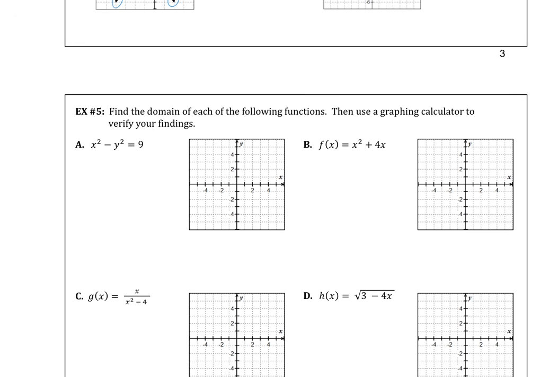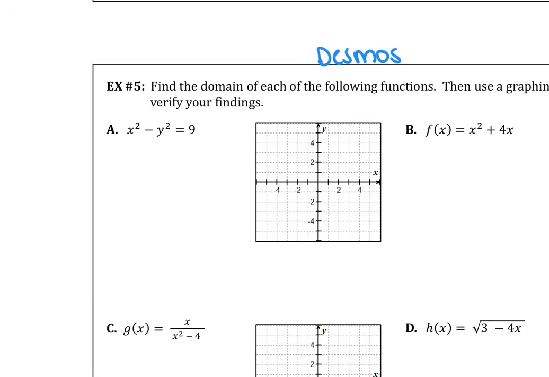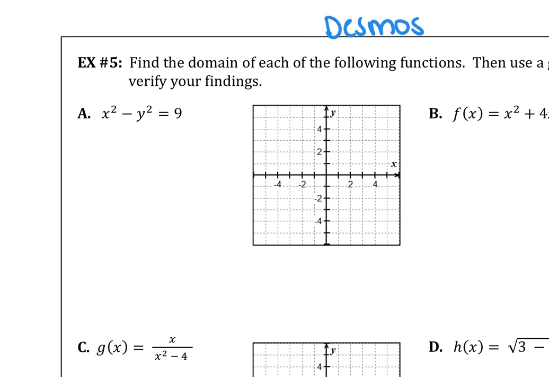Okay, we're going to use Desmos to help us graph these so you can see what they are. But this first one is a hyperbola. So when you type it into Desmos, it should create 2 sideways parabolas. So our box is going to be on the 3's because the square root of 9 is 3.